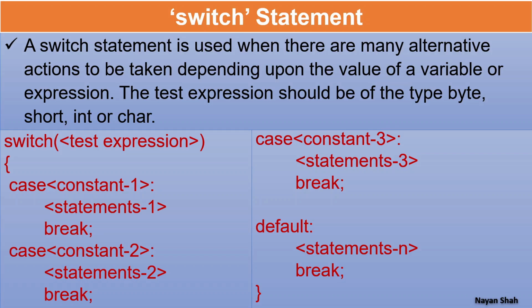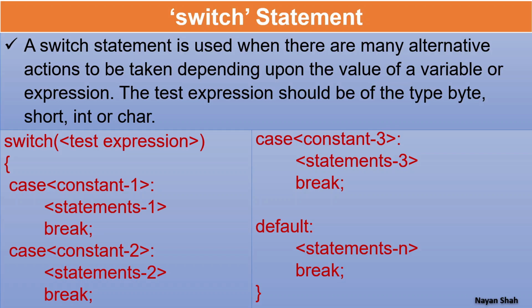If I say switch and standard, suppose the variable is standard. If the value of the variable standard is 1, it will go into block 1. If it is 2, it will go into block 2. If it is 3, it will go into block 3 and so on. There has to be a default option also, because if somebody enters something invalid, you are asking them to enter their standard, and somebody enters a standard as 75.